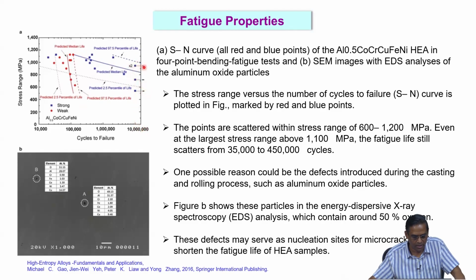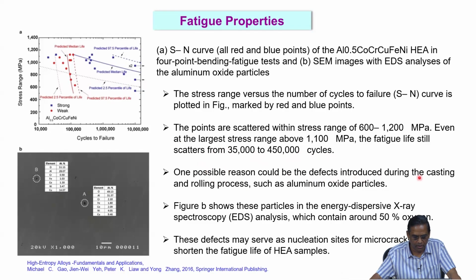And then beyond that, people characterize this as an endurance limit. This arrow indicates the corresponding endurance limit. So, these points are generally scattered within the stress range between 600 to 1200 MPa. Even at the largest stress range, 1100 MPa, the fatigue life still scatters from 35,000 to 450,000 cycles.